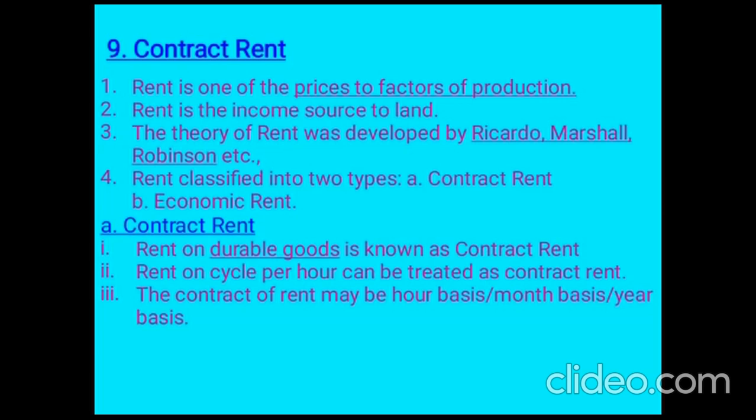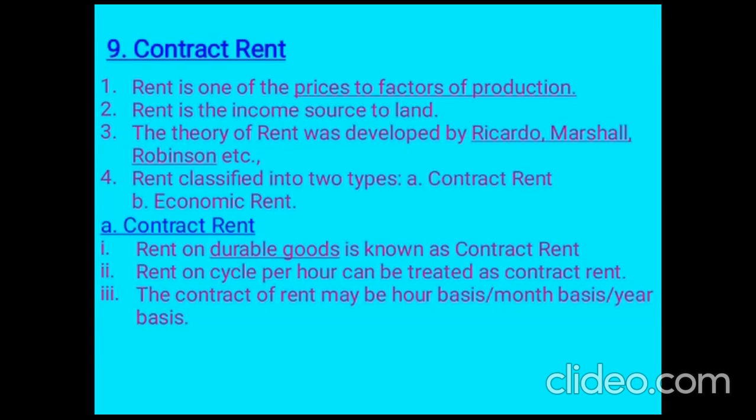Next, rent is classified into 2 types: contract rent and economic rent. Firstly, we have to know about contract rent. What is meant by contract rent? Rent on durable goods is known as contract rent. Durable goods are goods which we use for more than 1 year, or else we can say non-perishable goods.